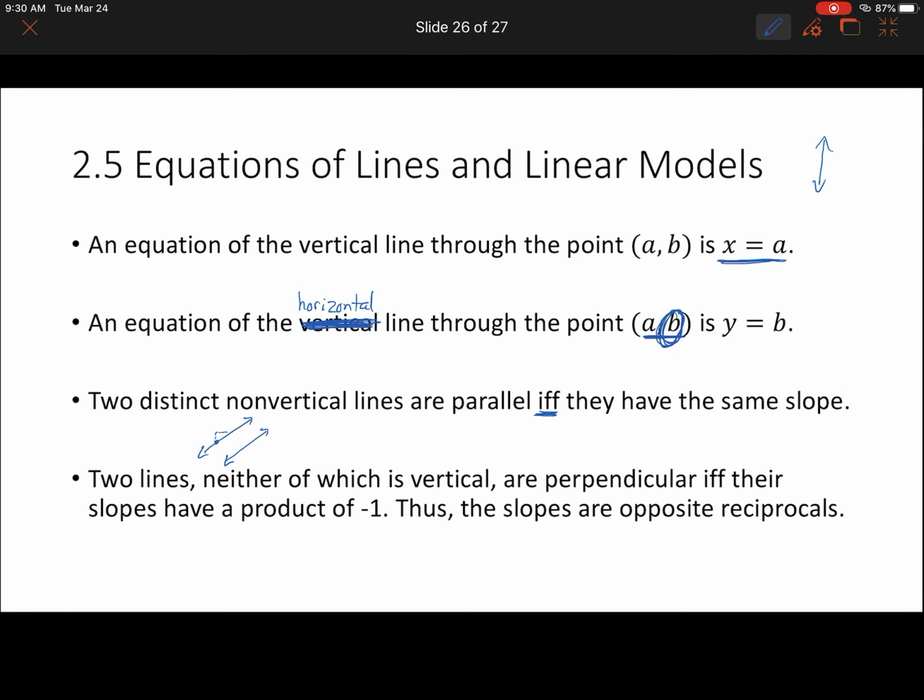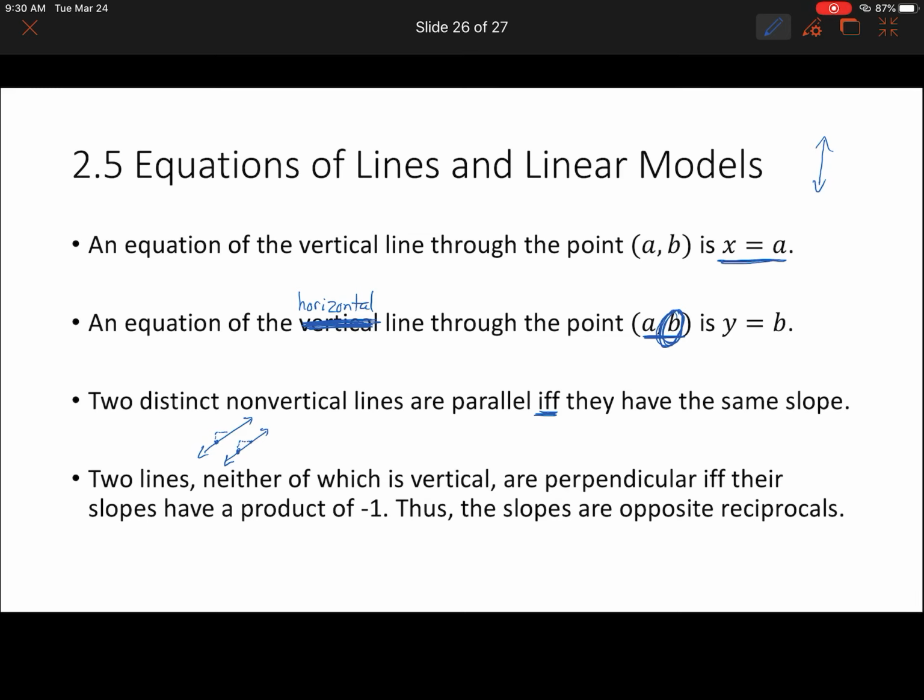I think I can probably convince you of this, because if you were to take a point on this line and go up some amount and over some amount, that rise and run, and do the same amount here with this line, the amount you go up and the amount you go over is going to be the same every single time. So neither line is going to get closer to the other.